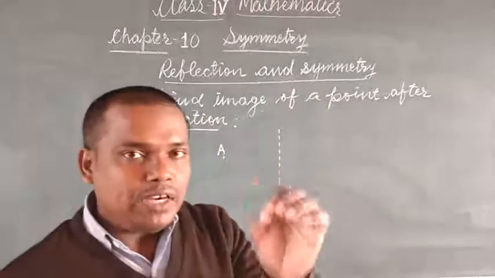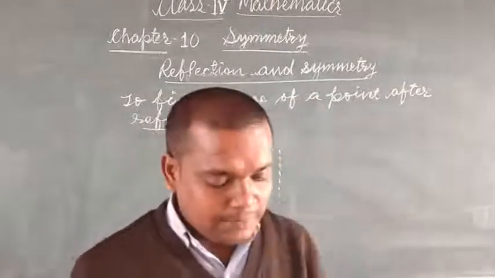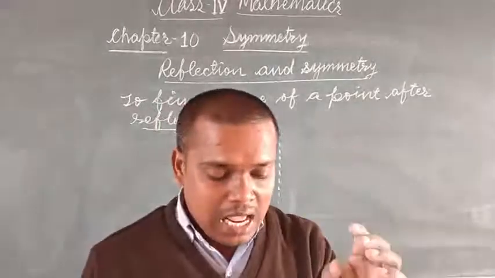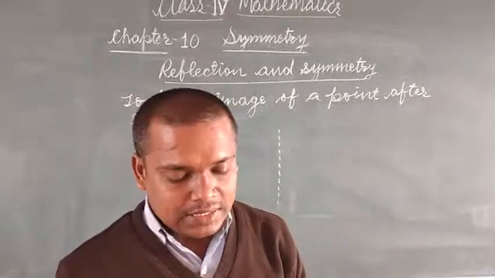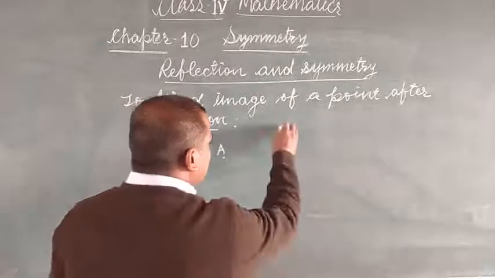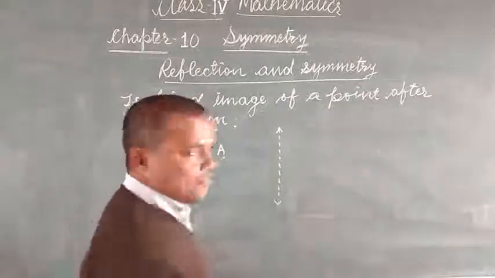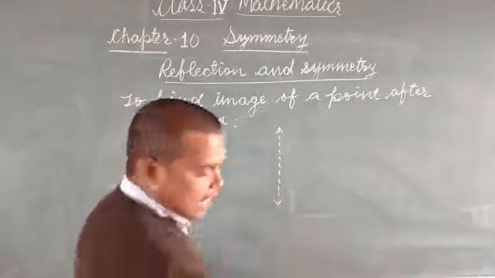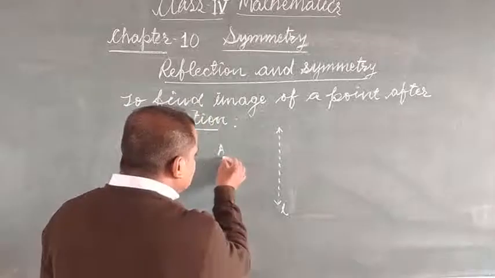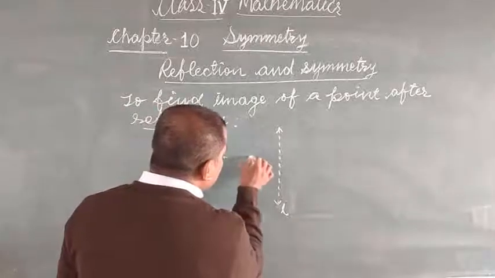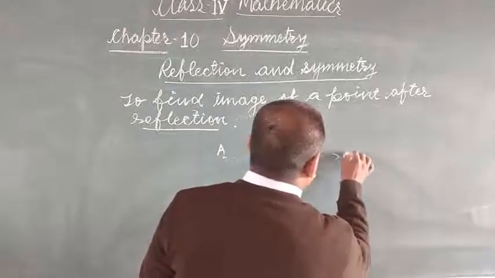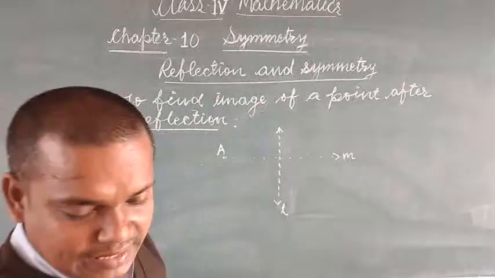First of all, we will draw a perpendicular line M on the line L through the point P. Suppose this is a line, we are saying L. Now we draw from this a perpendicular line, say it M.